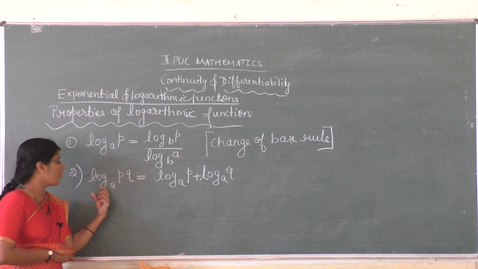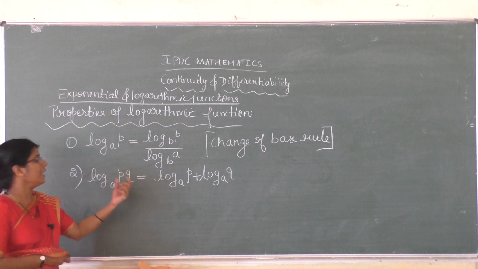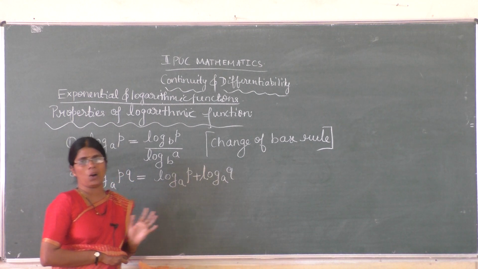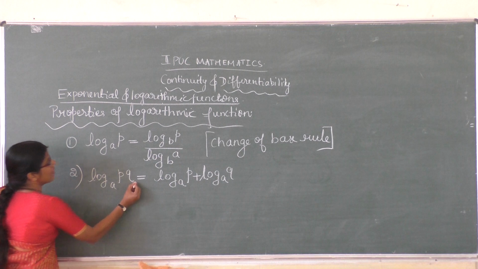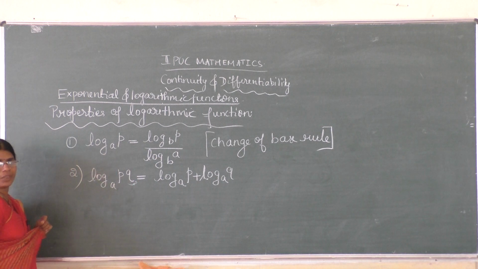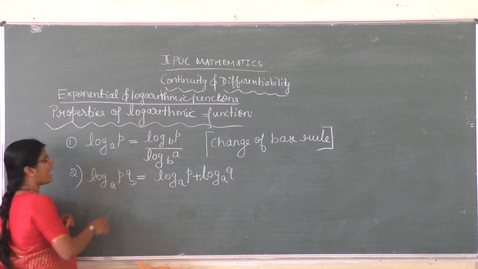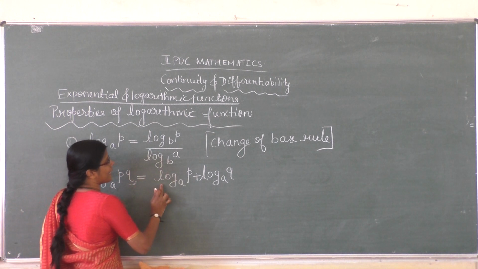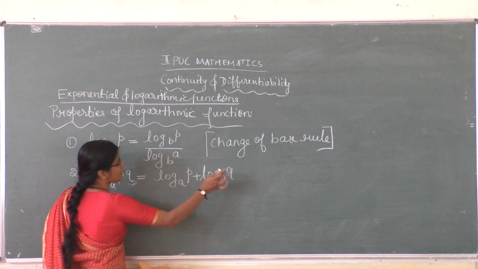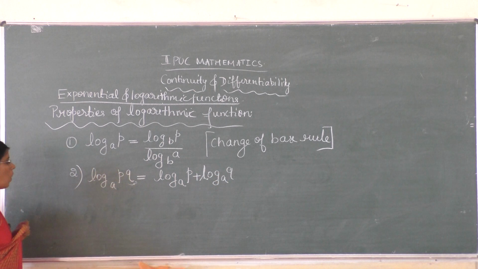So instead of q, we take p itself, that is log p square. That can be taken as log p plus log p, that is 2 log p.